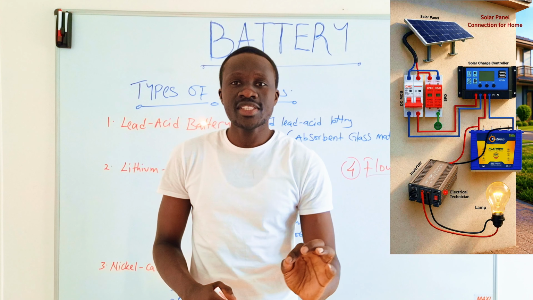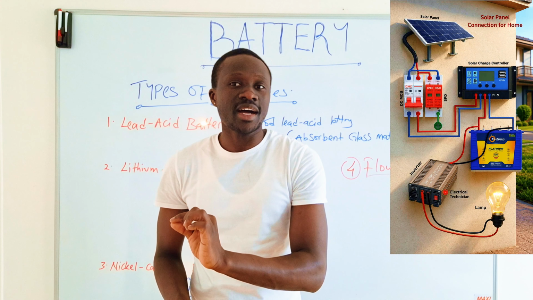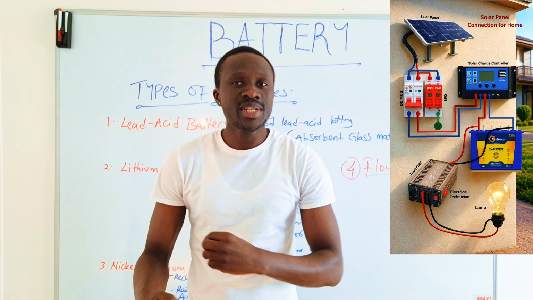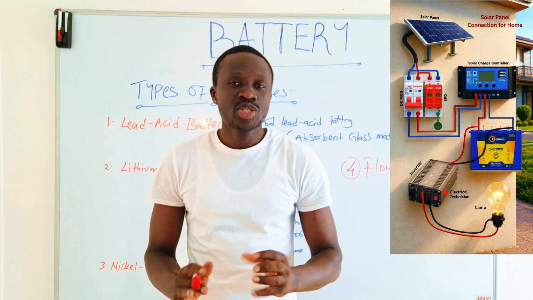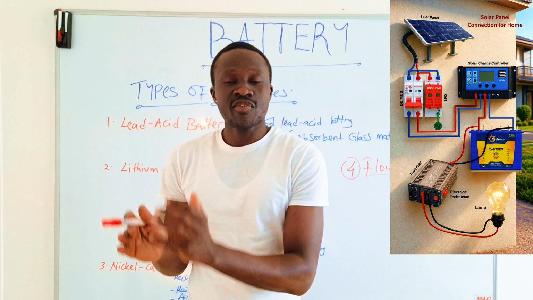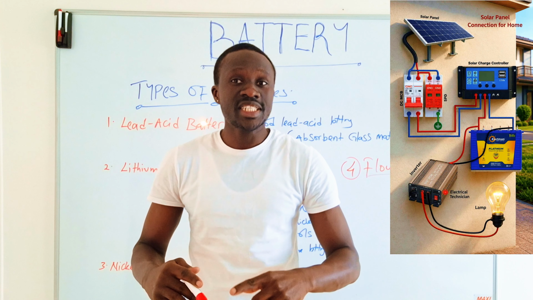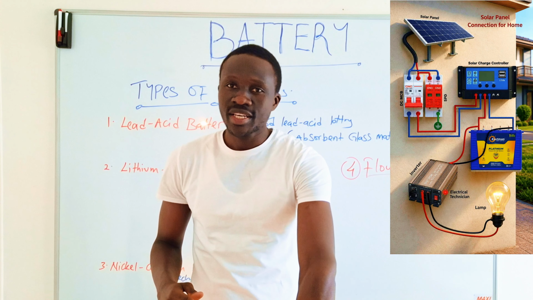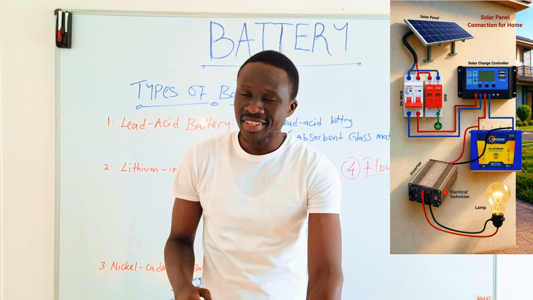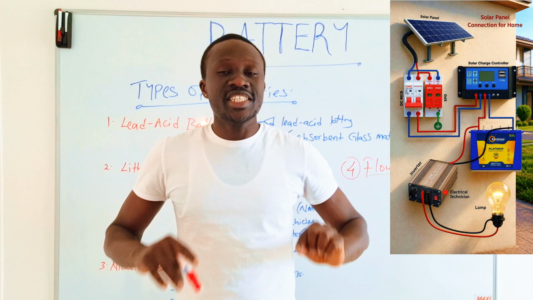Now this DC current goes to the regulator. The regulator regulates it to the power needed for the battery to charge. Then the regulator sends it to the battery, and the battery will start charging.